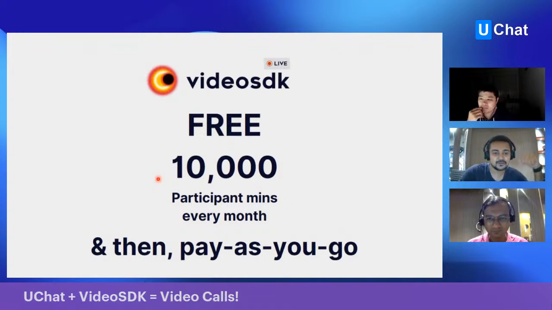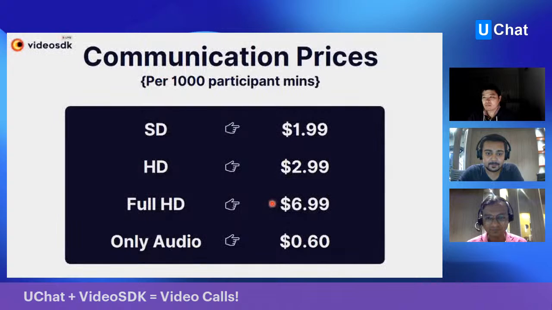You just need to create an API key and secret, verify it on UChat, and boom, you can directly start video calls. That's really amazing. 10,000 minutes are free every month, and then the prices are on a pay-as-you-go model. First you use, then you pay. If you like the service, only then do you need to pay. That's a very good thing, and it must be appreciated.